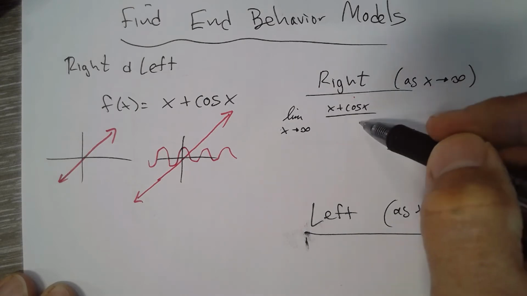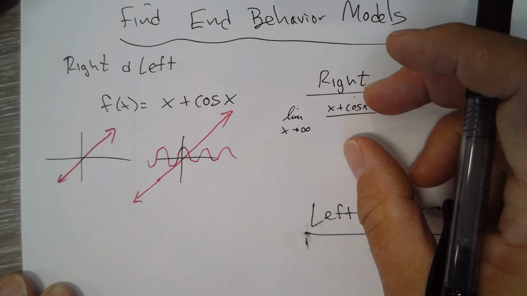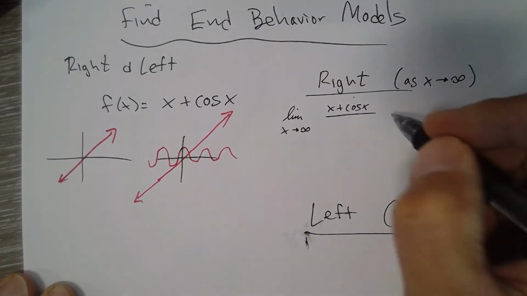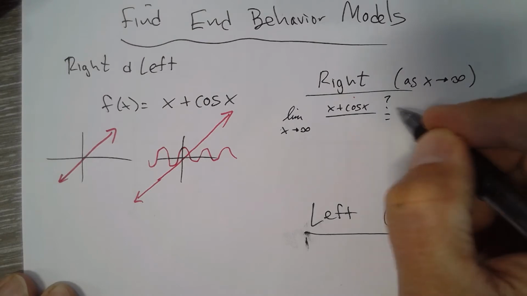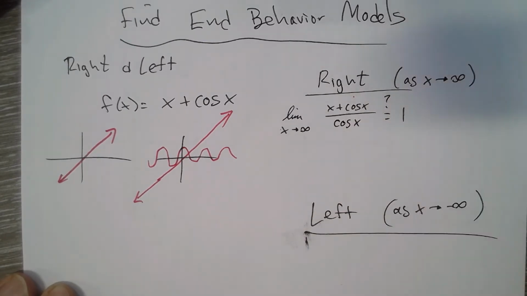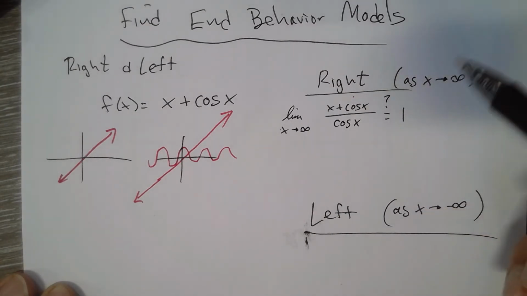Which makes sense. This amount over its model, if they're basically the same as x goes to infinity, you should get something divided by itself, which should be 1. So is it going to be 1? I'm going to choose the wrong one initially, just to show you that cosine x is not going to be the right end behavior model.